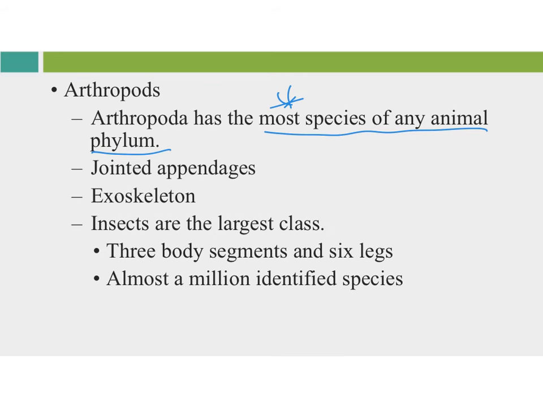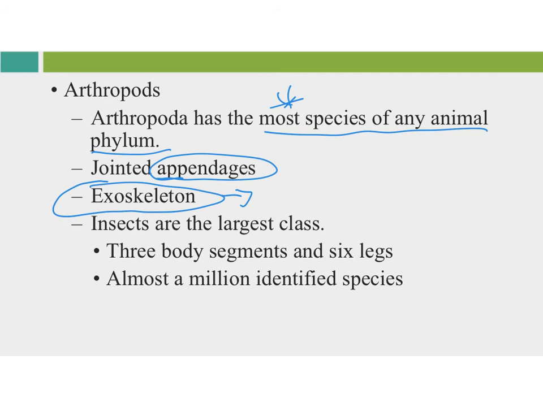Their name refers to the group's jointed appendages, such as their legs and antennae. Along with their shells, mollusks, arthropods have what they call an exoskeleton. You know what an exoskeleton is? Well, that's the outside structure that gives them support.